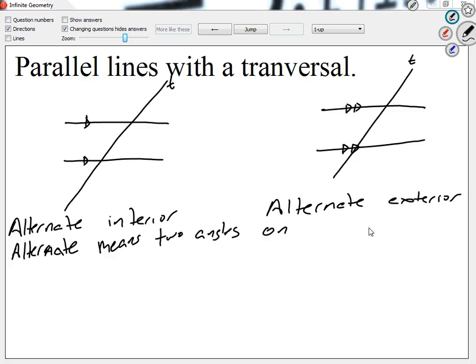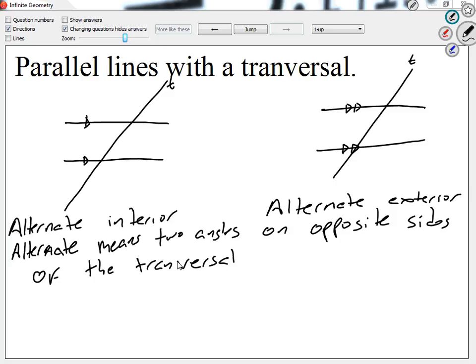Keep in mind both have the word alternate. So alternate means 2 angles on opposite sides of the transversal. So I'm talking about 2 angles, but they are on opposite sides of the transversal.